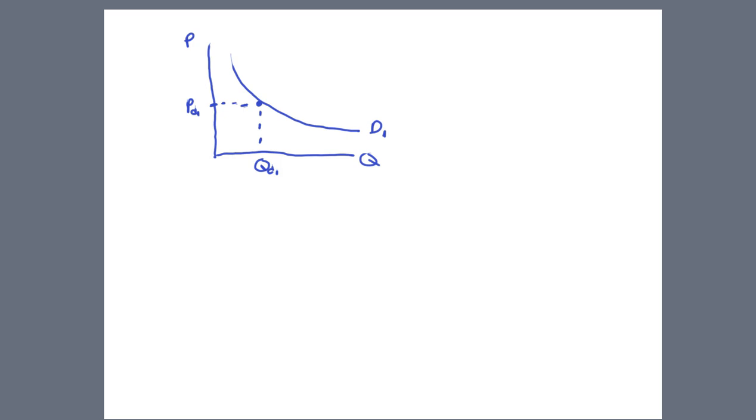So the catalyst for change here is not a change in the price. It's not that the price went down and they demand more. It's that it's raining and they don't want to get rained on. So even at the same price, they shift over and they are demanding more. So this represents a shift in our demand curve.